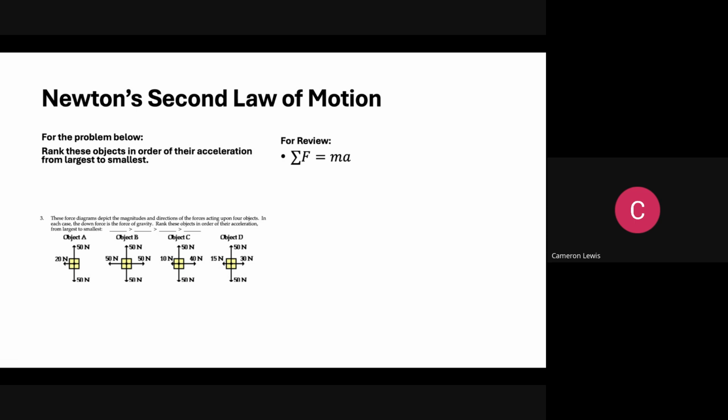What am I subtracting? The 10 from the 50, or 10 from the 40, because they're in the same direction, horizontal. Take 10 from 40 and you get 30. So the total net force for C is 30 newtons.